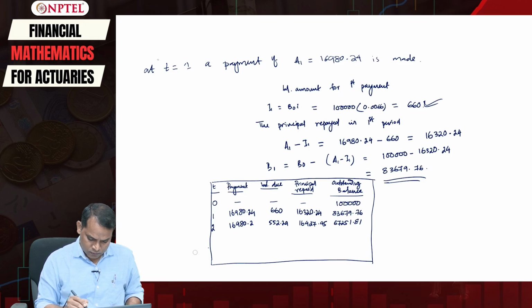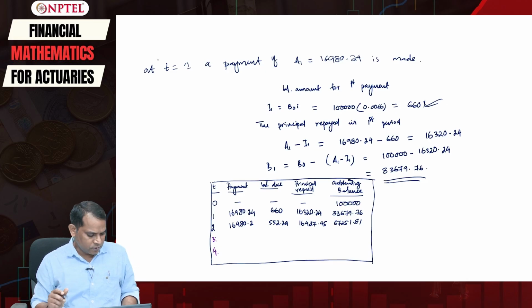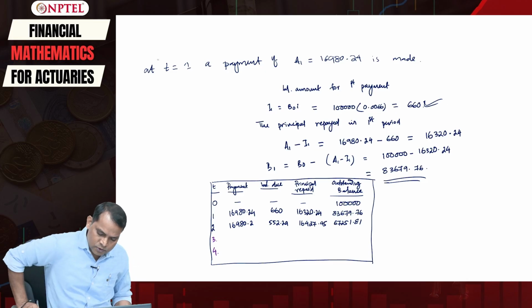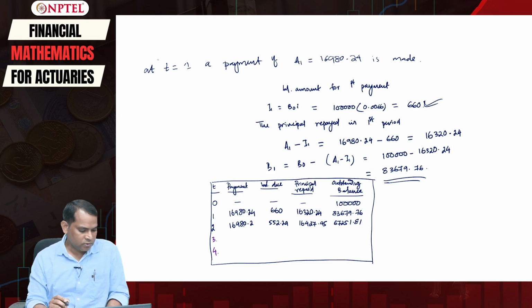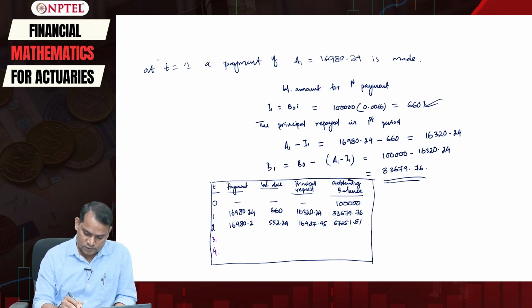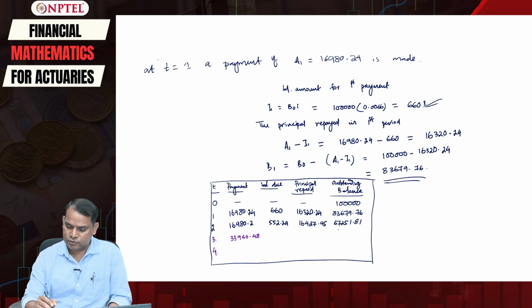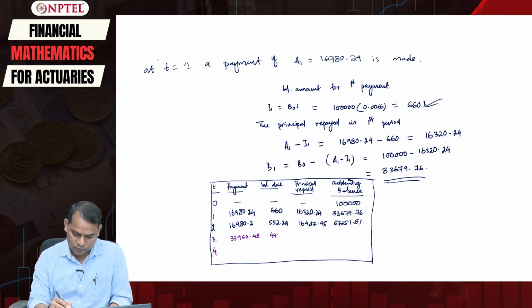Now we have to compute the third period and the fourth period. So the third period is what? The third period is double of the x amount, that means double of this amount. So just multiply 2 here and you will get 33,960.48, and the rest of the thing will proceed as follows. Using the similar principle, we will get 443.86.